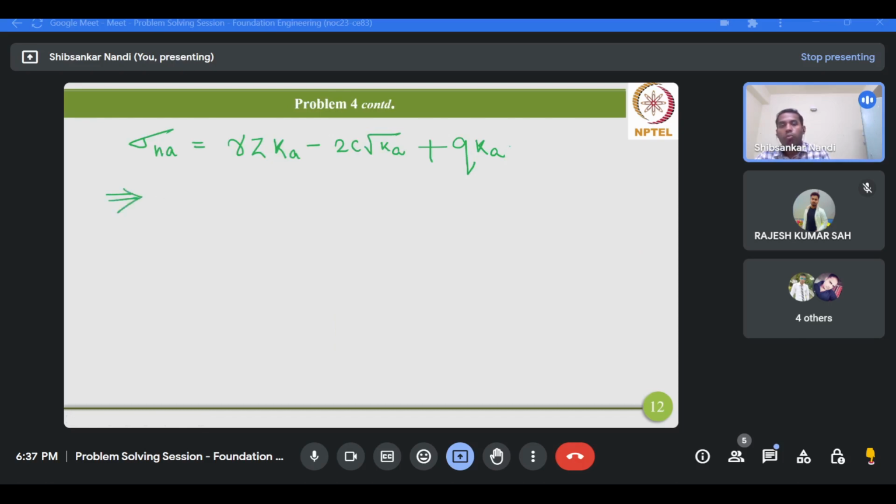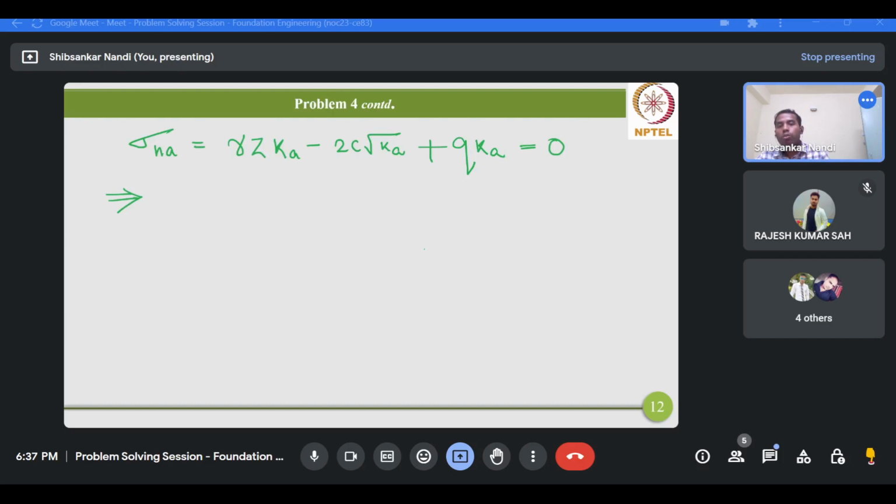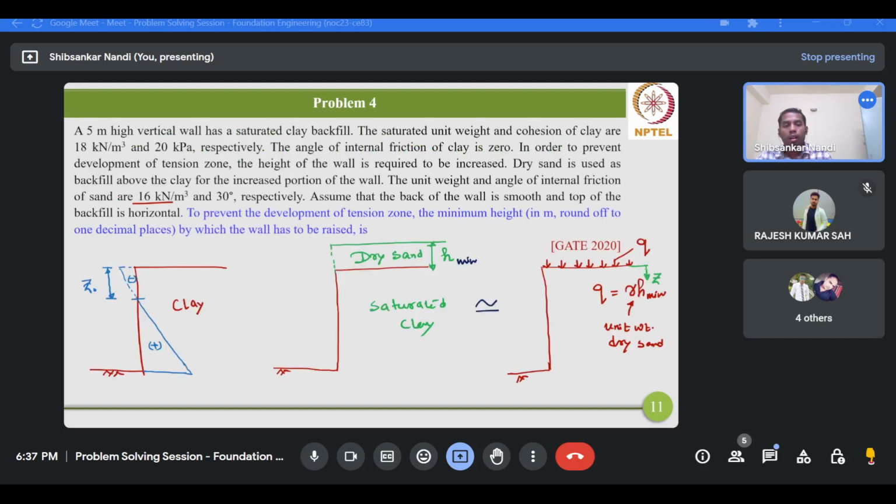And this value at most should become 0. It can never be negative. So in such a way, we have to place the fill of dry sand. Okay, we have to decide the thickness of dry sand. So if this is 0, and again this Z value is 0, because we have taken the reference line at the interface of the saturated clay and the dry sand.